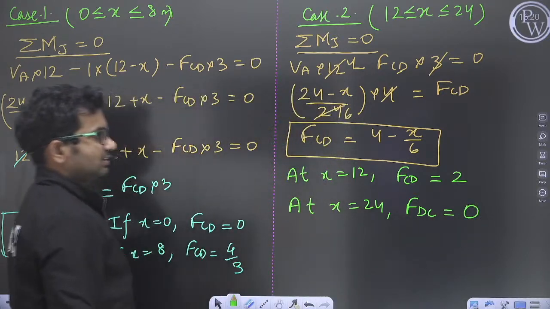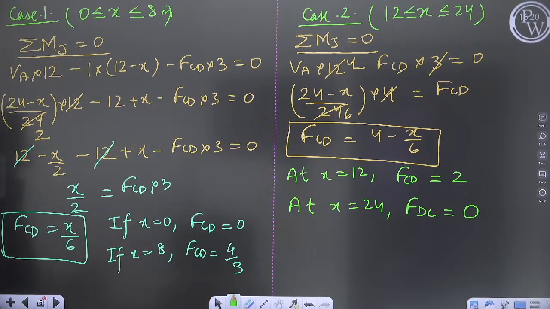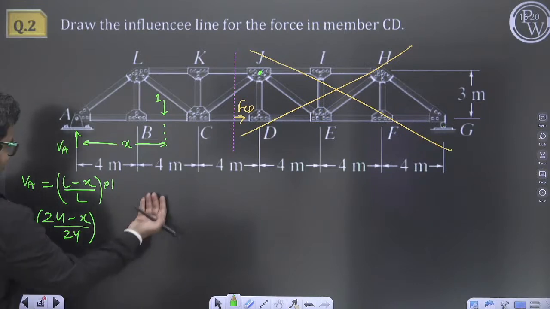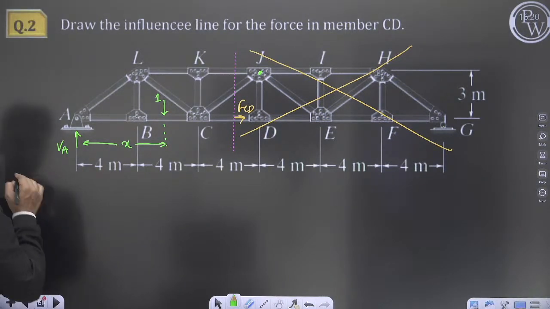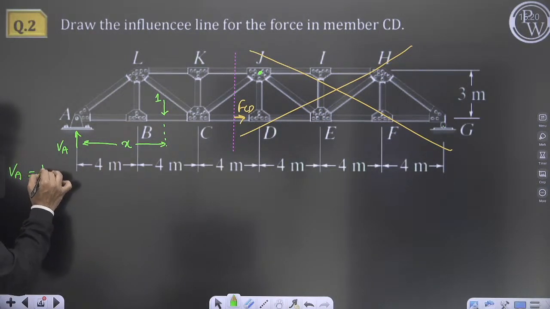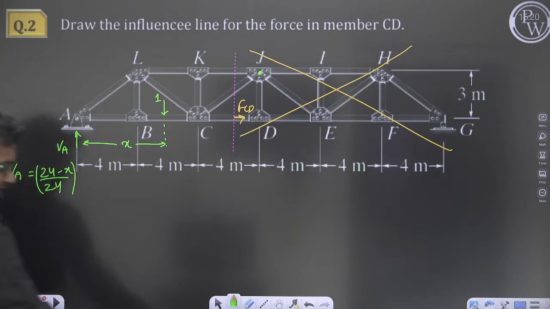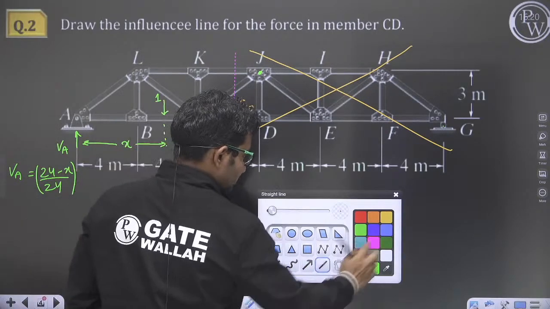Okay. So now we can draw the influence line diagram. VA will be equal to, let me write again, (24 minus x) by 24. So ILD will be somewhat like this.